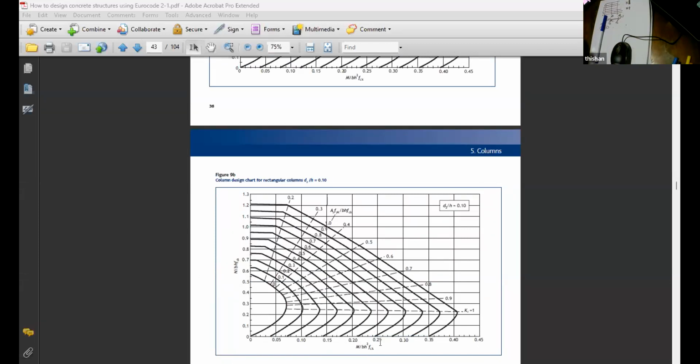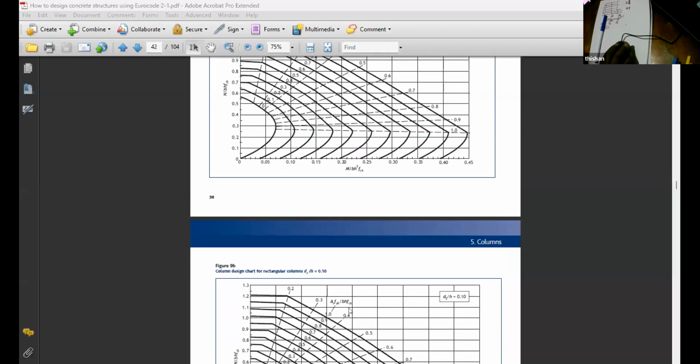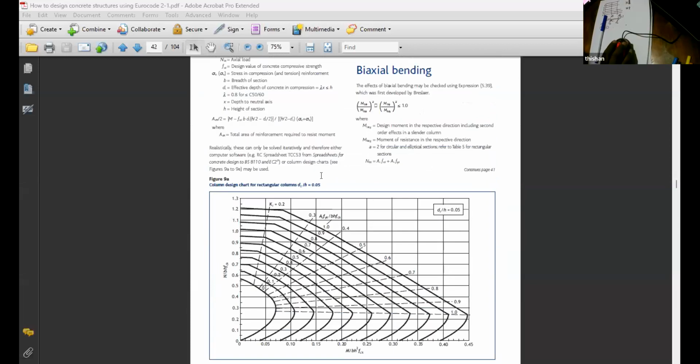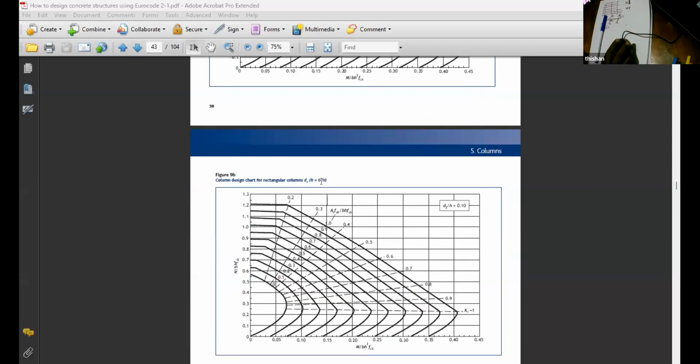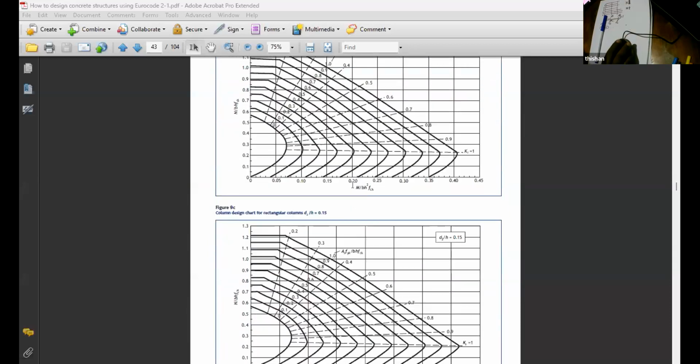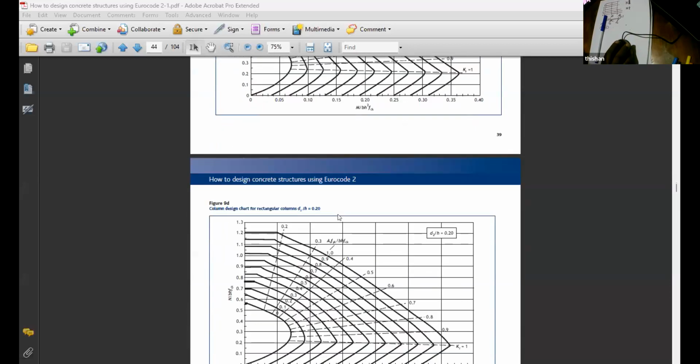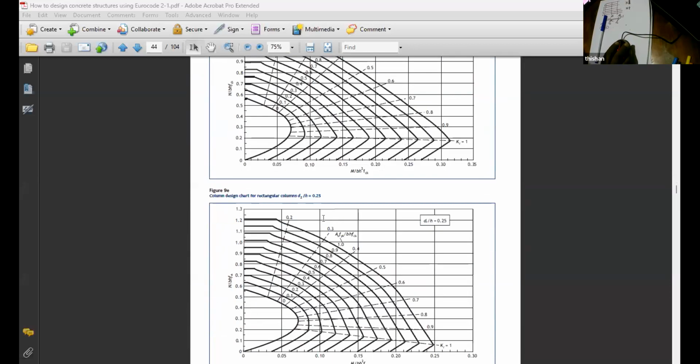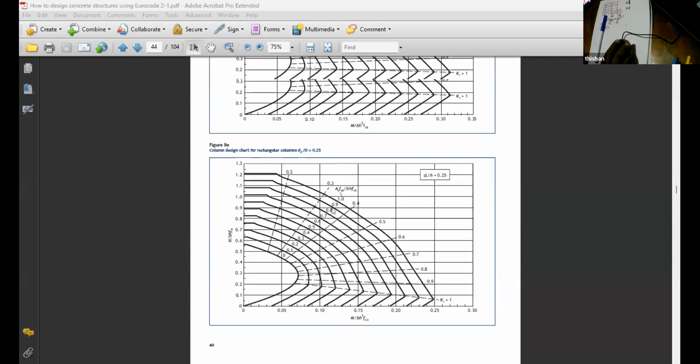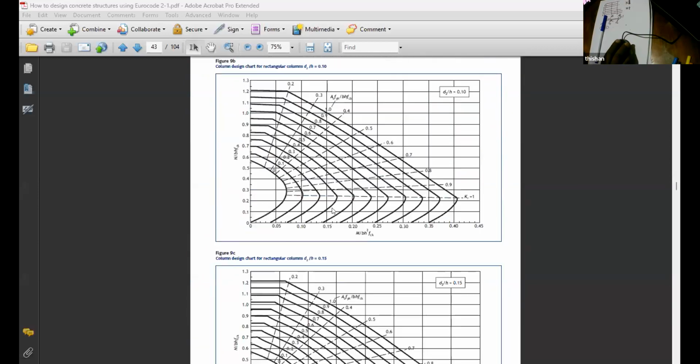But depending on the cover and other requirements, you can have other charts. So here you can have d/h 0.05, d/h 0.1, d/h 0.15, d/h 0.2, d/h 0.25. So there are charts.